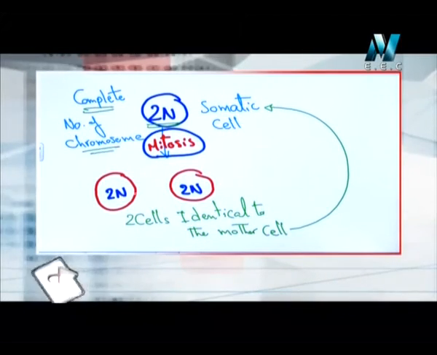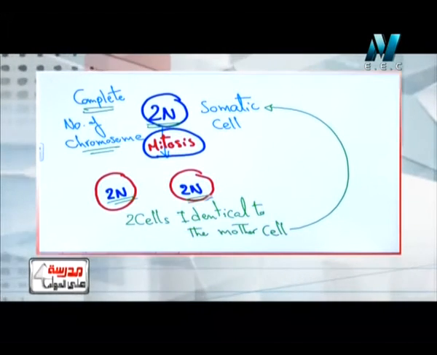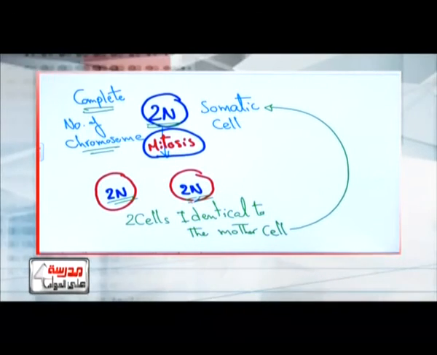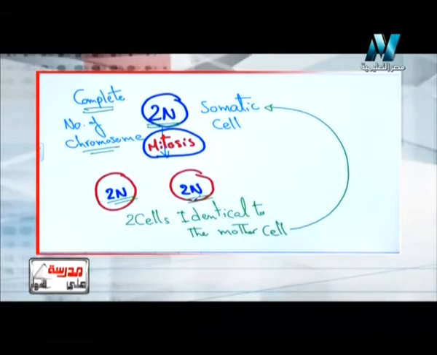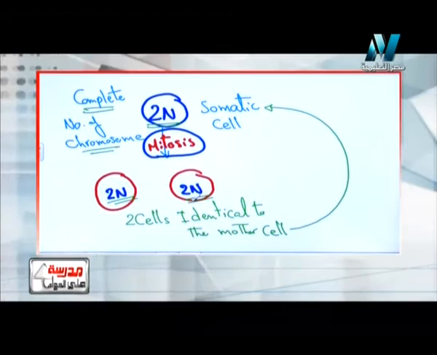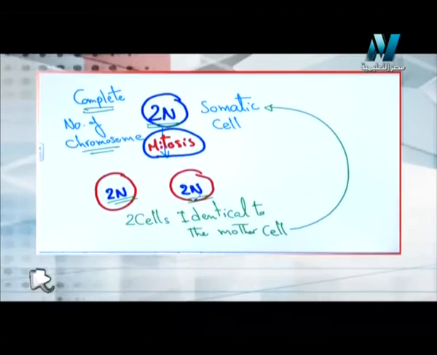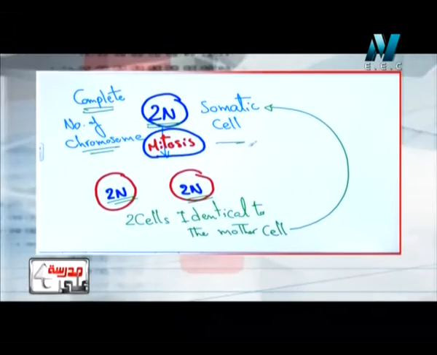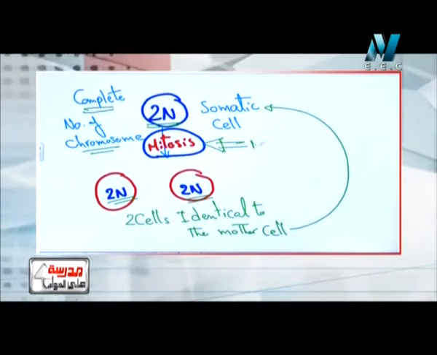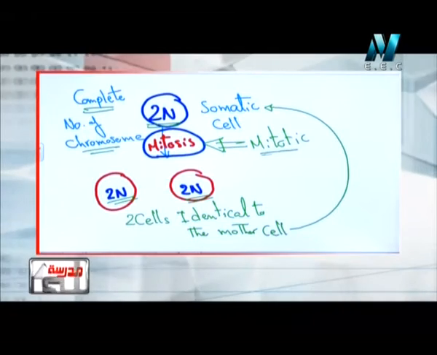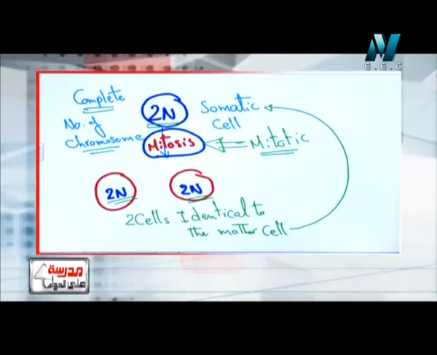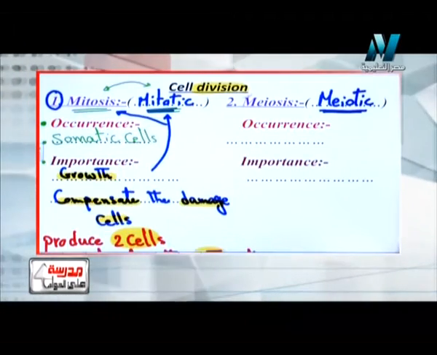We produce two cells, each one of them has the complete number of chromosomes. So now we know the concept of somatic cells, and at the same time the mitosis or mitotic cell division.